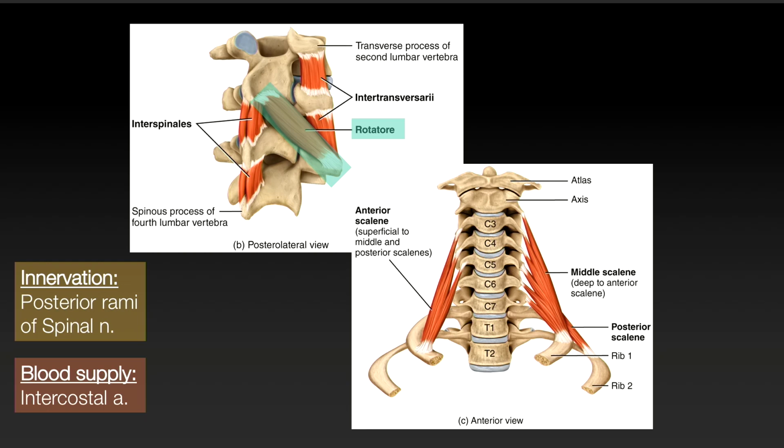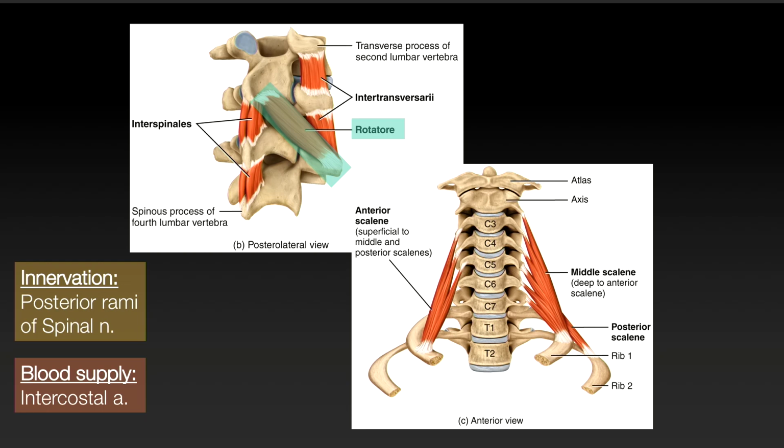I thought it was worth introducing the scalene muscles. Scalenes are specifically in the cervical spine near the top of the vertebral column, where we run out of ribs. Right?